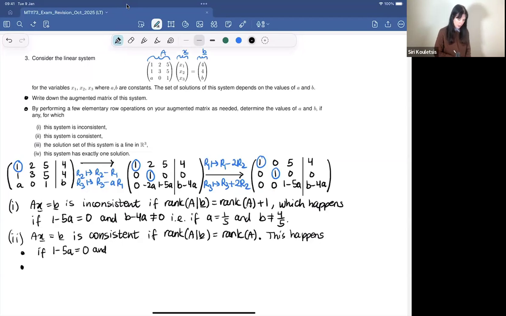So if 1 minus 5A is 0 and B minus 4A is 0, so if A is 1 over 5 and B equals 4 over 5, then we have a consistent system. So in that case, we have rank 2.